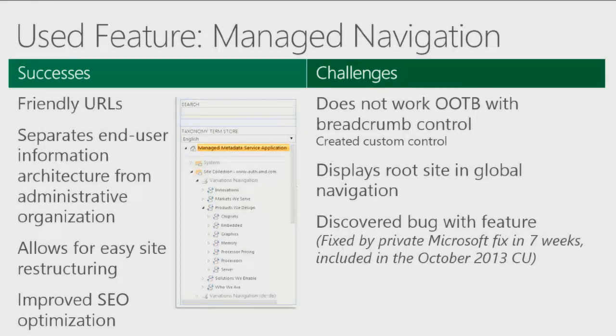Now down to 4. I mean, think about the work they have to do if they want to move something around, right? You have to go manage content and structure and move whole subsites around and everything like that. All that's gone. So much easier now. And doing that with content deployment, you had to have surgical timing. It was scary. So it's been great. We couldn't be happier with the managed navigation.